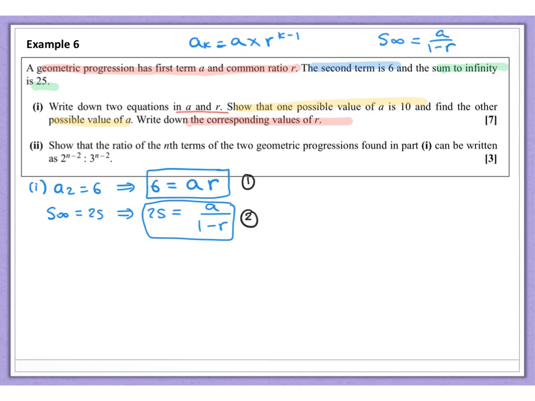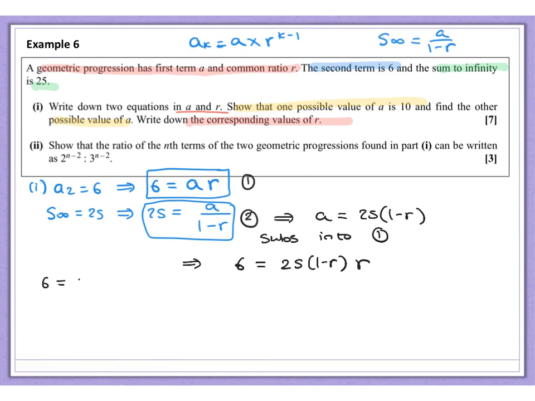I am going to rearrange equation 2, so it tells me that a is equal to 25 times 1 minus r, and we'll substitute that into equation 1, which then tells me that 6 is equal to 25 times 1 minus r multiplied by r. We've been here before. This is a quadratic equation. So 6 is equal to 25r, take away 25r squared. 25r squared minus 25r plus 6 equals 0.